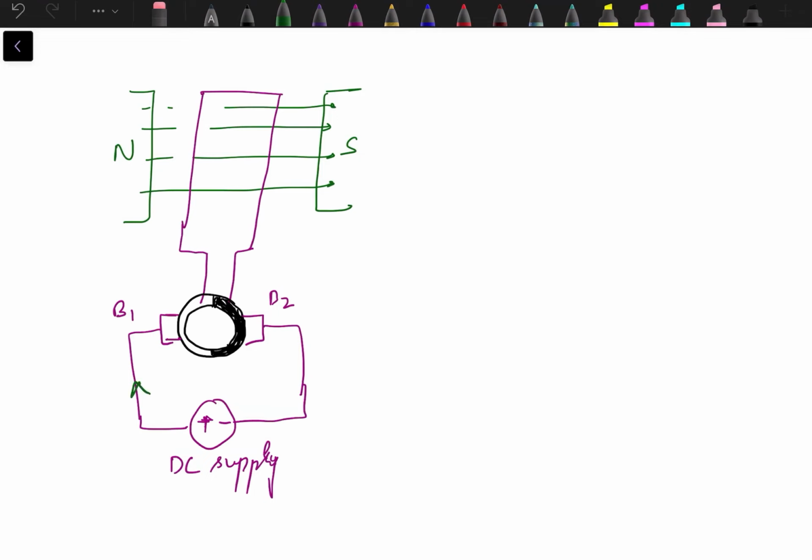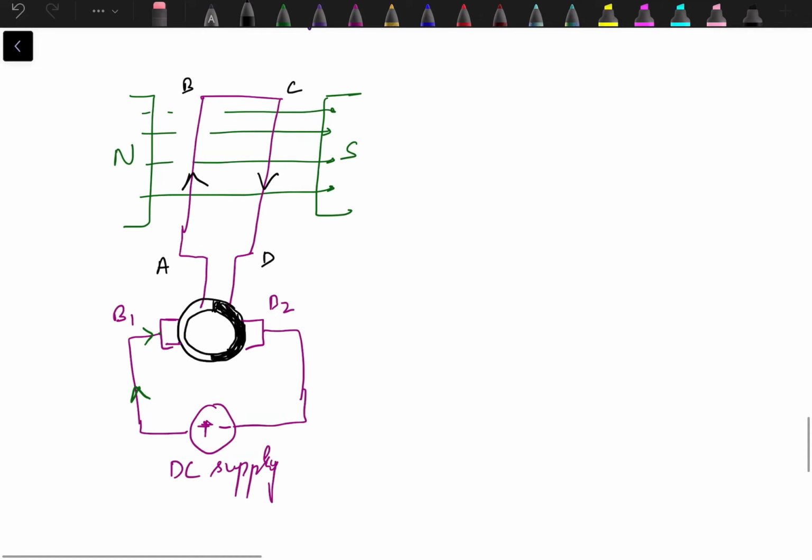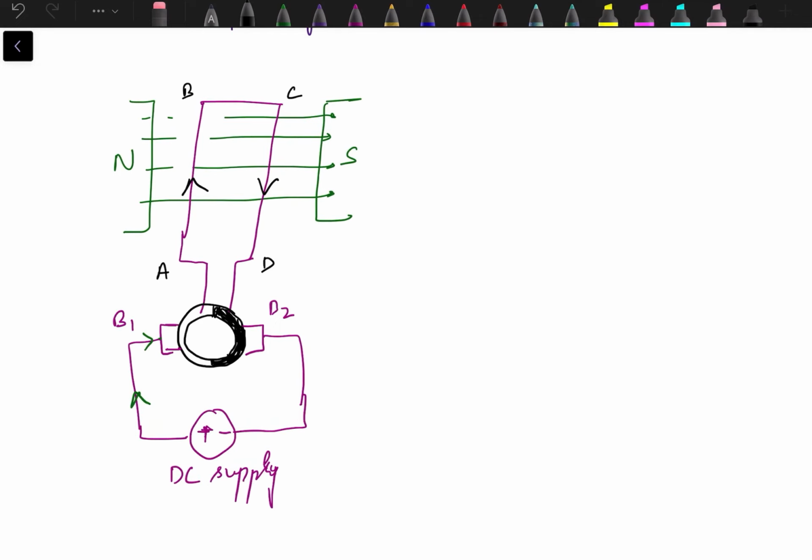So current will flow in this direction through brush B1. If this is A, B, C, and D, so this is how the conductor looks like.